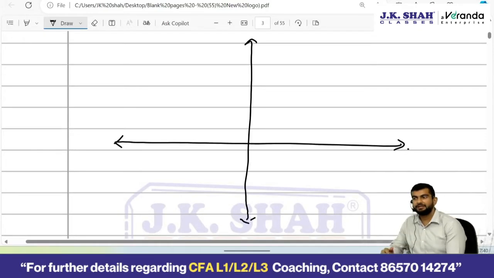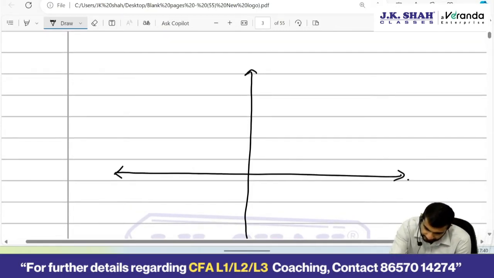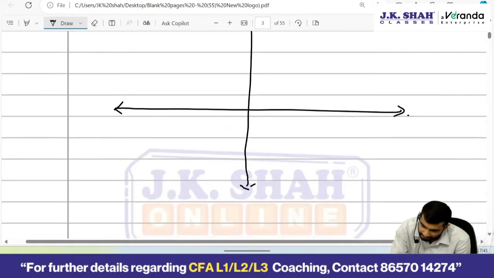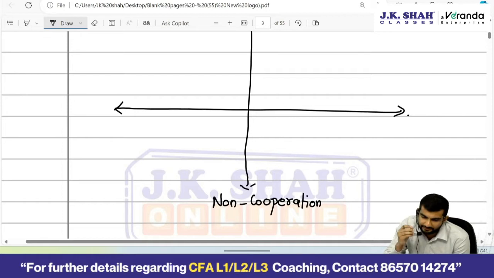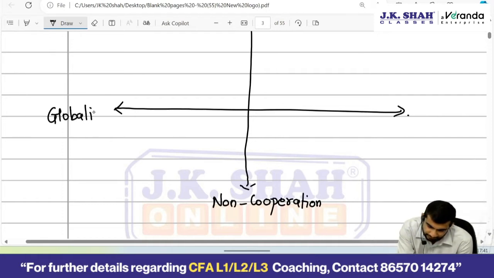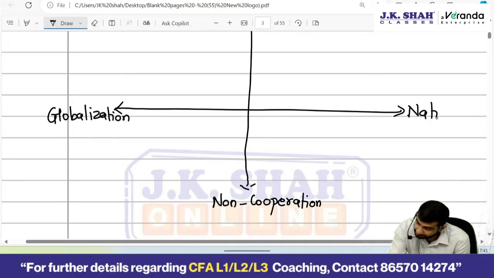and we had divided the countries into various spectrums. Cooperative, non-cooperative, globalization, nationalism.